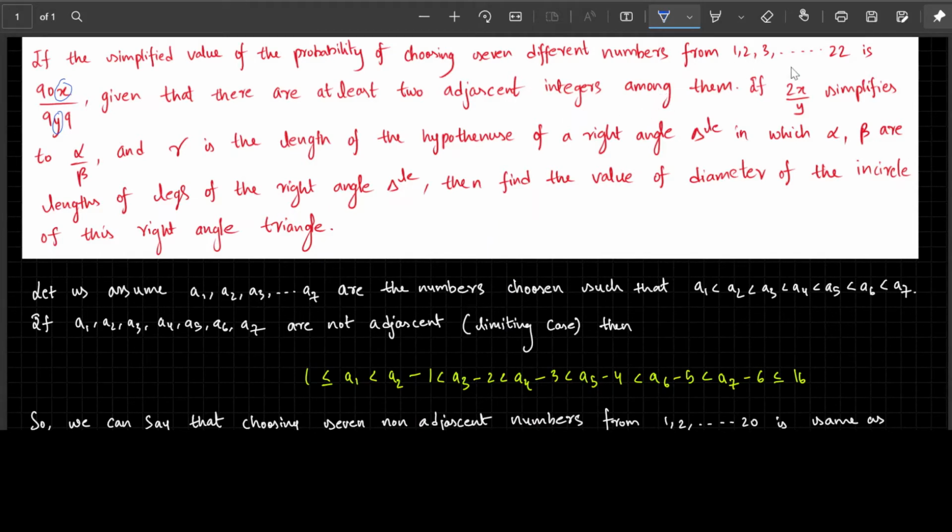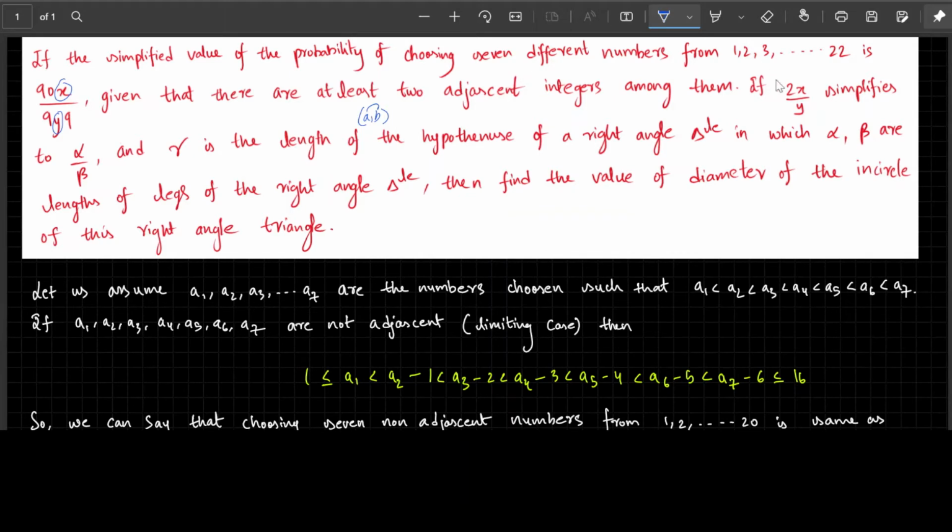So if you choose 7 different numbers, it's an important condition that at least 2 are adjacent integers. That means there will be at least one pair, like a comma b, where a and b are adjacent integers.